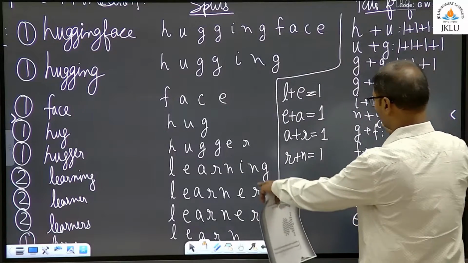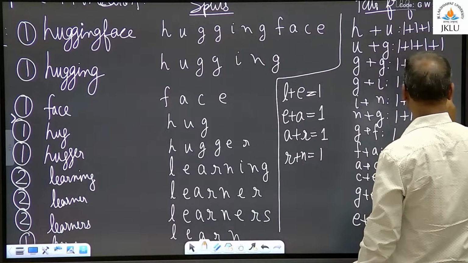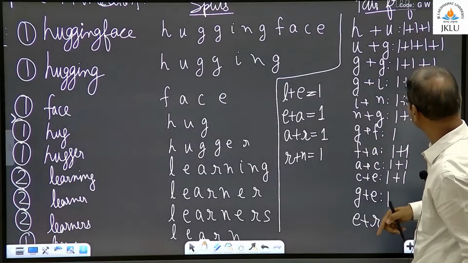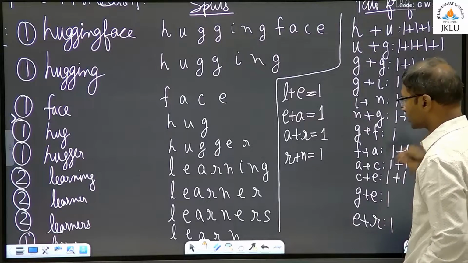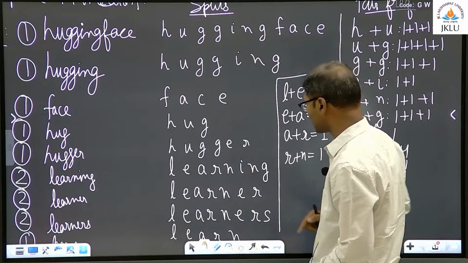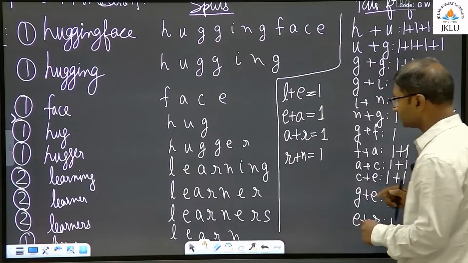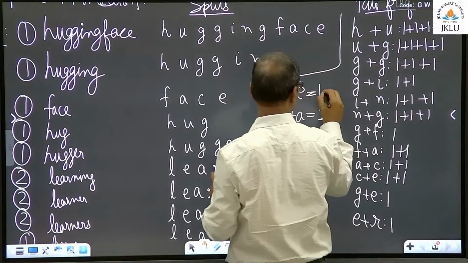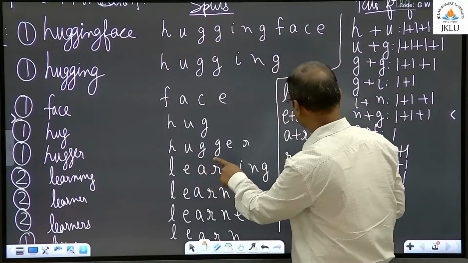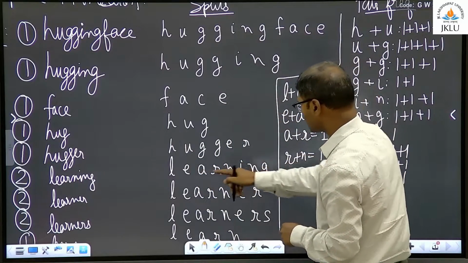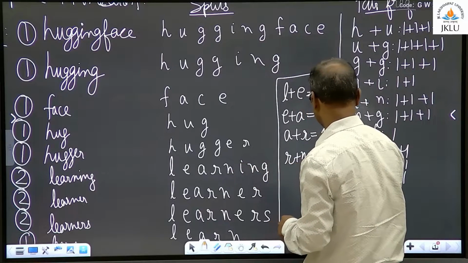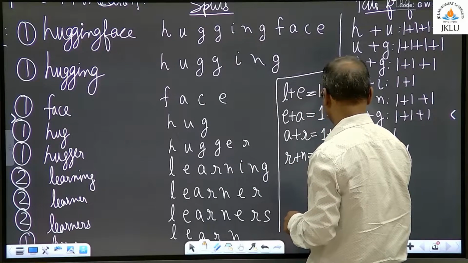IN, I have seen it before. So this becomes plus 1. NG, I must have seen it before. So learning is also done. Learner, I will be mostly updating now. So LE plus 1, EA plus 1, AR plus 1 and RN plus 1.